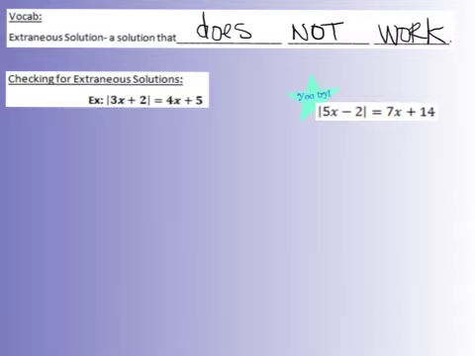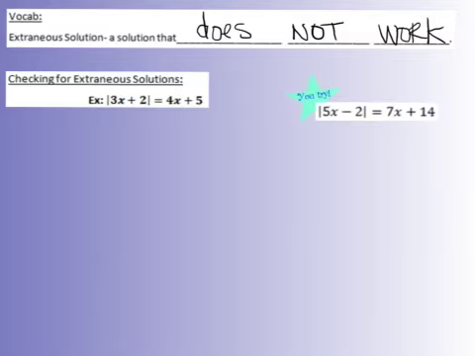It does not make a true statement. So we need to check and look out for these extraneous solutions because we might say something's a solution when it's really not. So all we have to do is check our work. So we're going to go about it the same way, but at the end we're going to check our work to make sure that we don't actually have an extraneous solution.